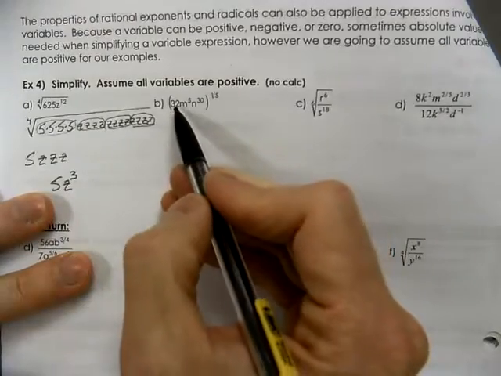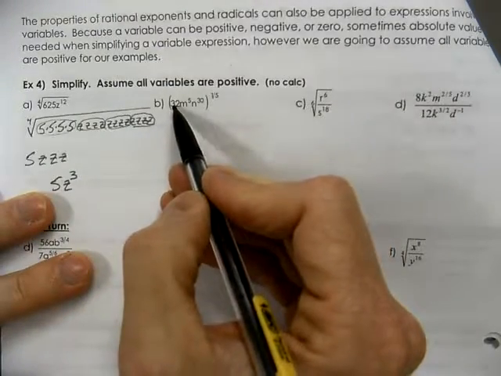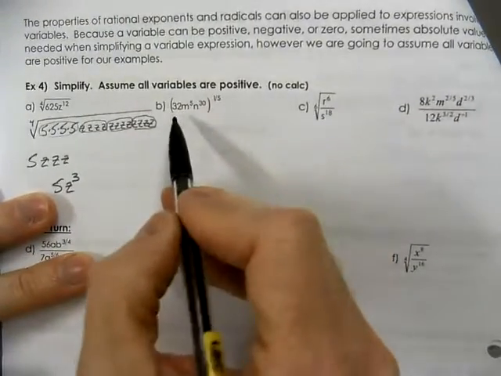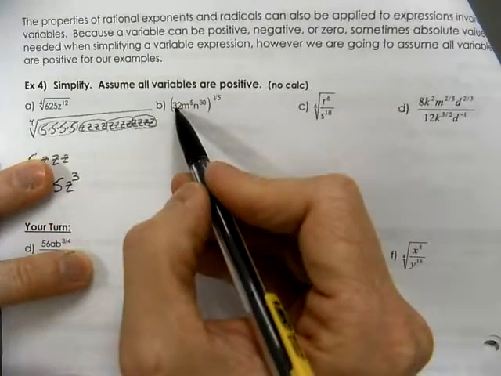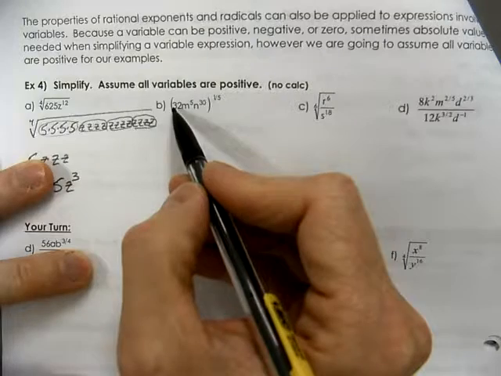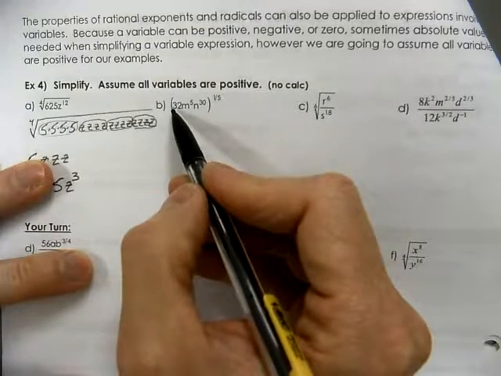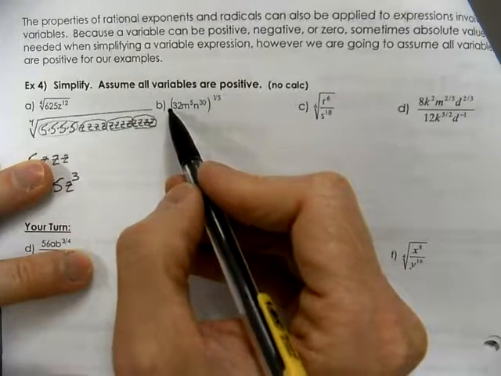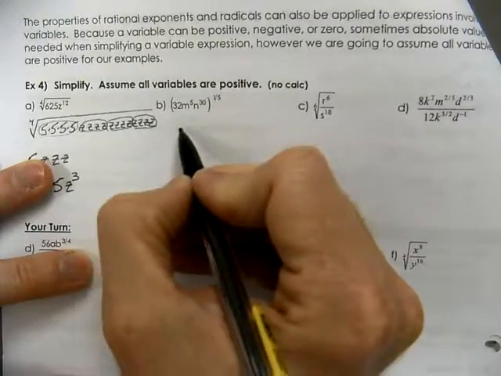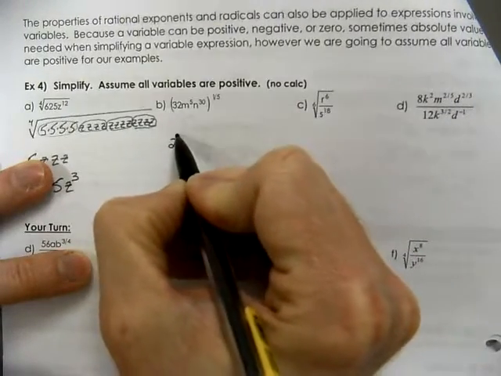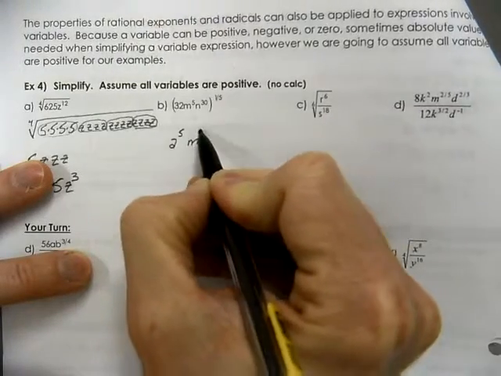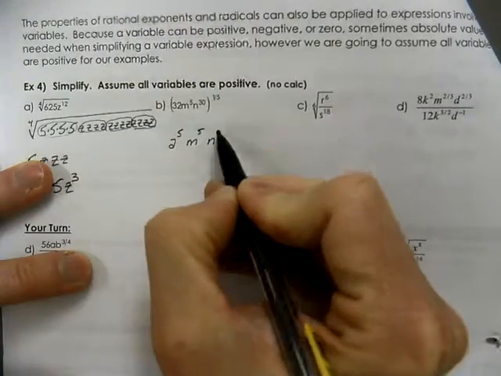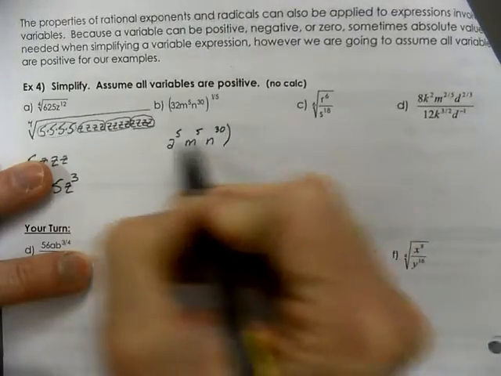On this side, we can break apart these. The more you work with them, the more familiar you're going to be. 32 is broken apart into a whole bunch of 2's. So we have 2 to the 5th power, m to the 5th power, and n to the 30th power.